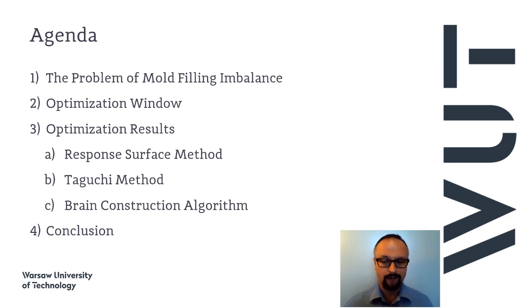But hopefully it's not so hard to understand and quite user-friendly. And of course, at the end, I will try to draw some conclusions from all the topics of today's presentation.